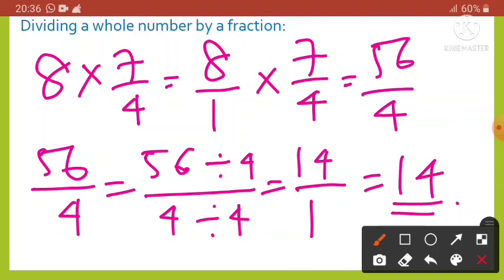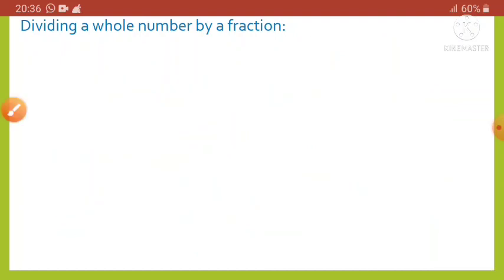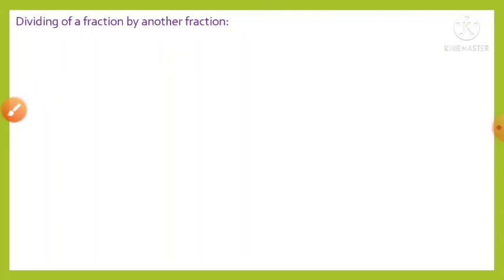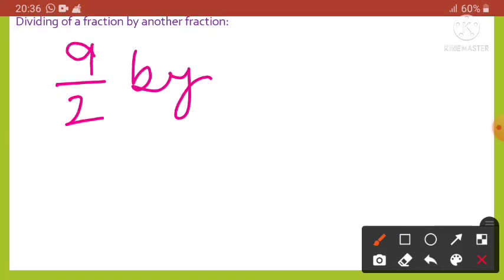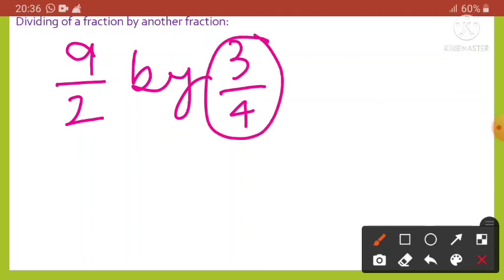And now we will be learning how to divide a fraction by another fraction. If I take the example, suppose we have to divide 9 by 2 by 3 by 4. Here we have to divide by 3 by 4.